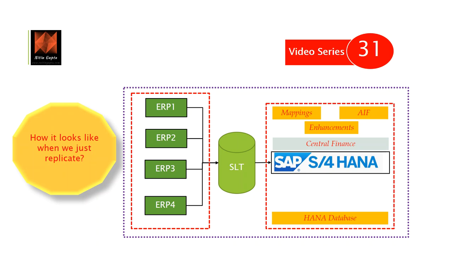So right from SLT, it's all standard SAP process, but extracting the data from the non-SAP system and putting it into your data services and transformation is something you have to take care of on your own in terms of customization, or there are products available in the market. I'll not name them because it is not a marketing video for products, but rather a technology video.